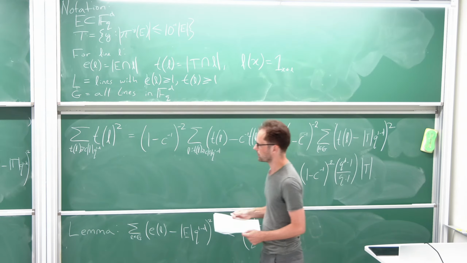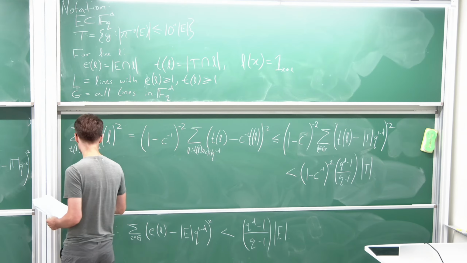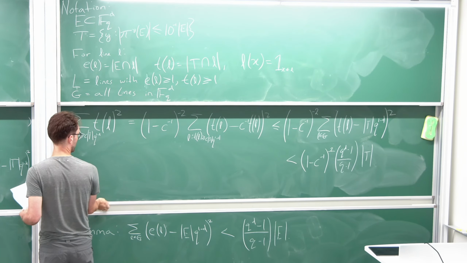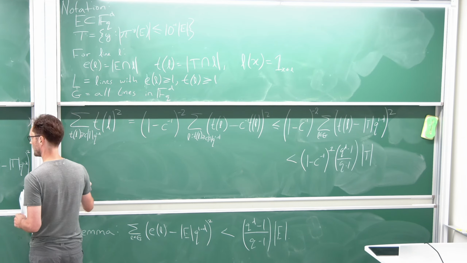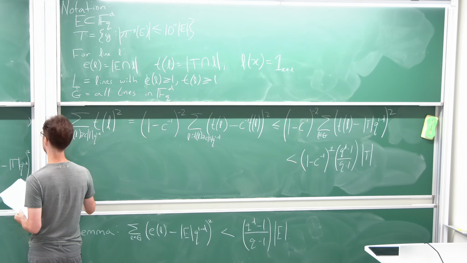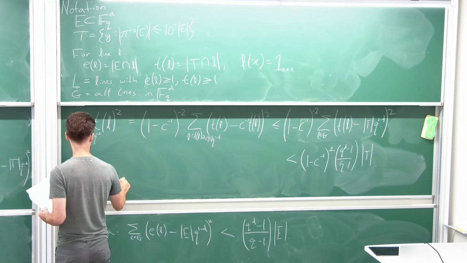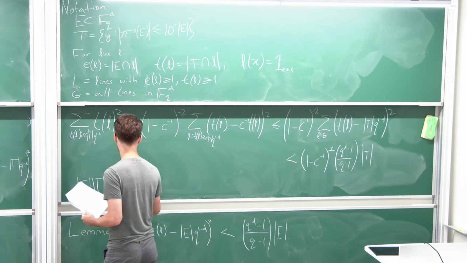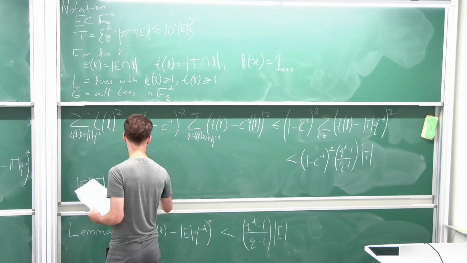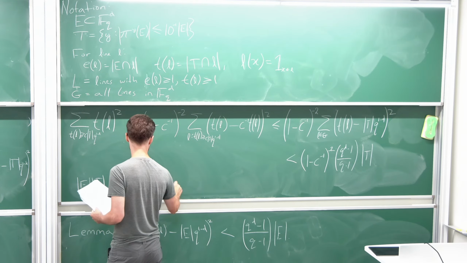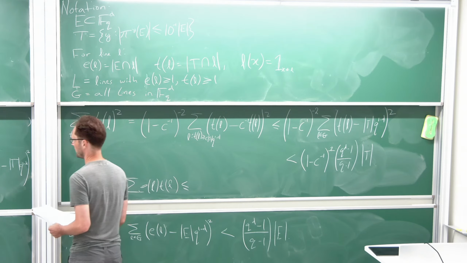So now we have 3 terms, and if we combine them all, what do we get? We've got E times T is at most the sum of EL times TL is at most.